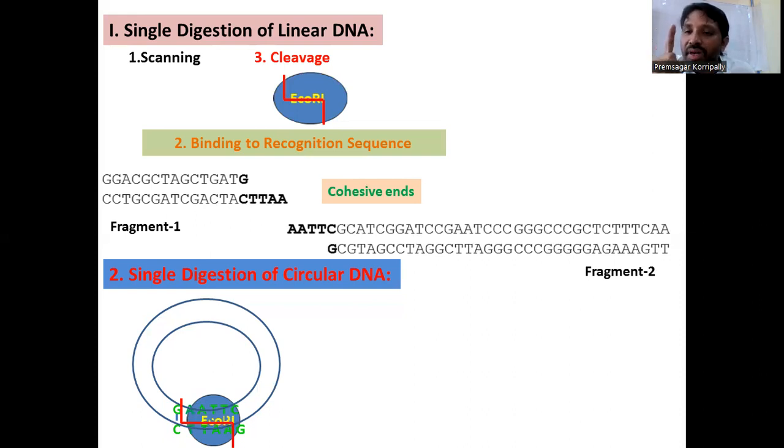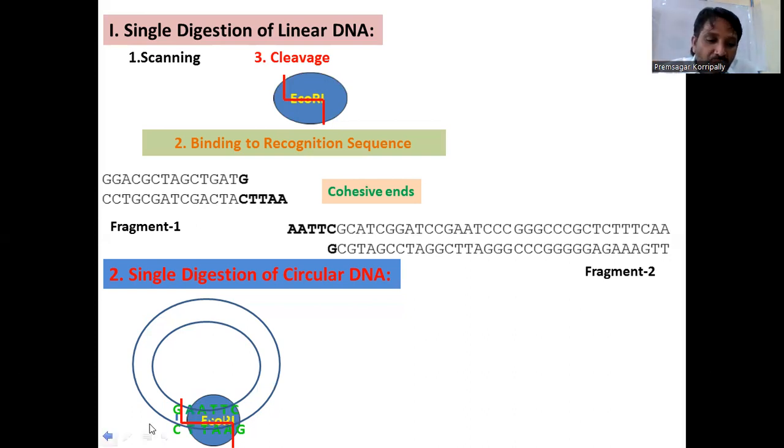If it is having one restriction site, it can give one more, means number of restriction sites plus one extra fragment. We can get that during the linearized DNA fragment digestion. But when it comes to the circular DNA molecule, the number of DNA fragments is exactly the same as the number of restriction sites.